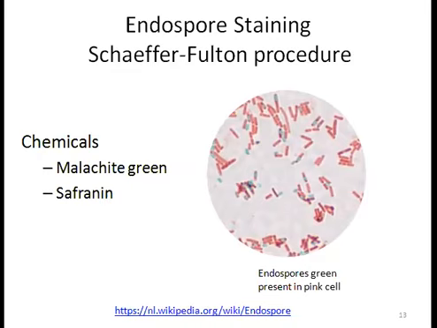In this procedure, endospores are first stained by heating the bacteria with malachite green, which is a very strong stain that can penetrate the endospores. After malachite green treatment, the rest of the cells are washed with water to remove the extra dye and counterstained with safranin. This technique yields a green endospore resting in the pink to red cell.